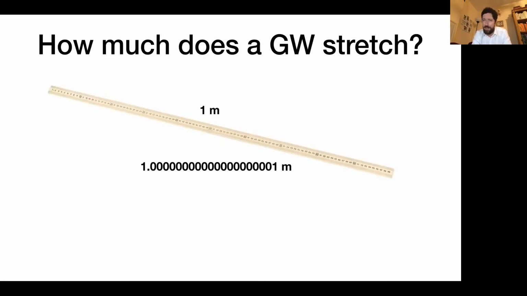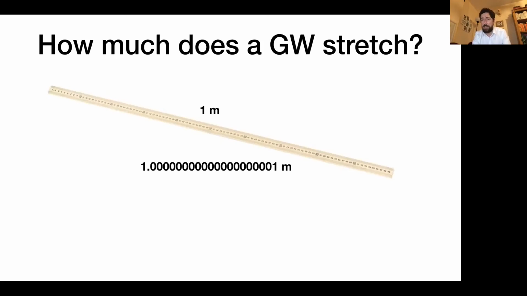So this is a tiny, tiny, tiny change in length. In fact, if you were to put a single atom on the end of your meter stick, that would be a bigger change in length than what we're talking about here. So this is really minuscule.